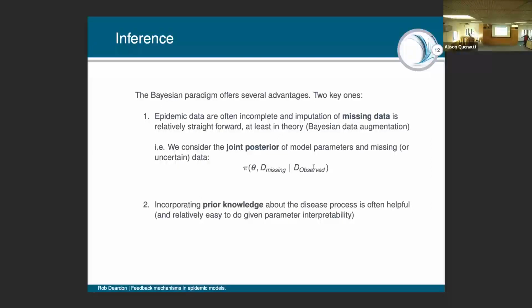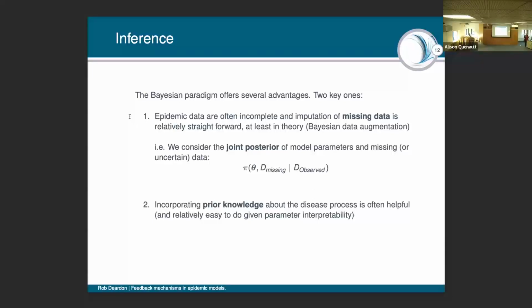Why are we Bayesian about this? Well, I suppose there are religious, fundamentalist reasons for being Bayesian, and I have some sympathy with some of those. But actually, there are big practical advantages here in that epidemic data are often incomplete. We don't generally know, say, removal times, because you don't really know when someone stops being infectious. You don't generally know when someone gets infected.